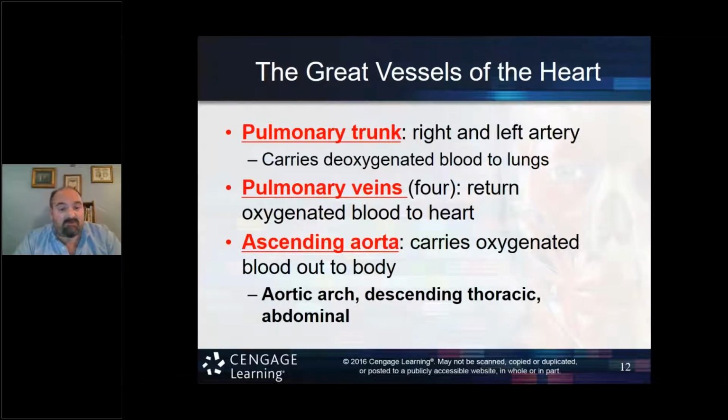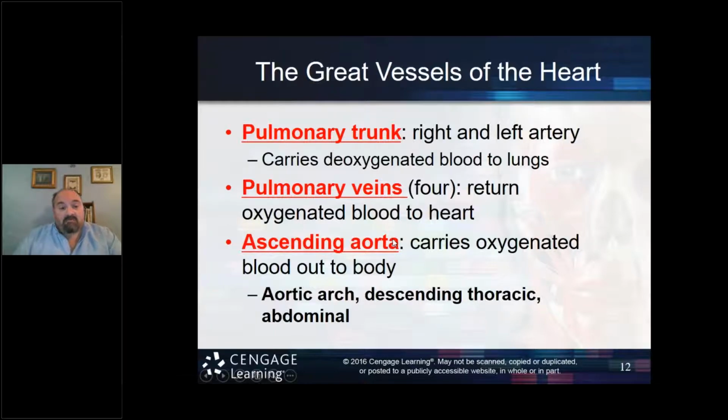Pulmonary trunk and the pulmonary veins. You'll see here, so the pulmonary trunk has the right and left pulmonary arteries that are carrying deoxygenated blood to the lungs to become oxygenated. The pulmonary veins are bringing back oxygenated blood to the left side of the heart, to the left atrium.